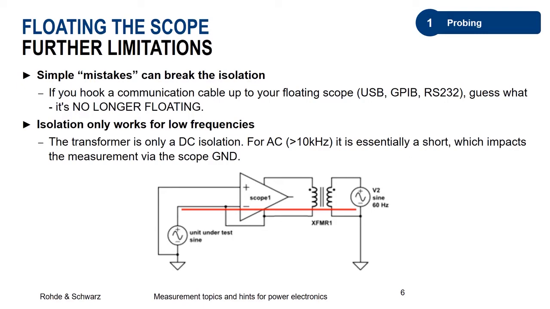As soon as the switching frequency, the frequency components that you want to measure, are significantly higher, such an isolation transformer is actually much more like a direct connection than like isolation. And this means you have the oscilloscope still grounded, and you generate ground loops or other couplings that you didn't want to have, and that severely influences your measurement. So measurement results will not be good.